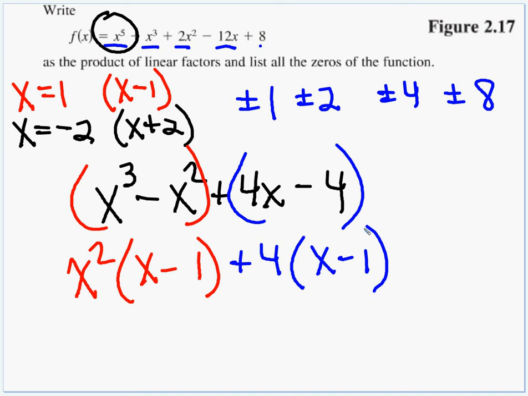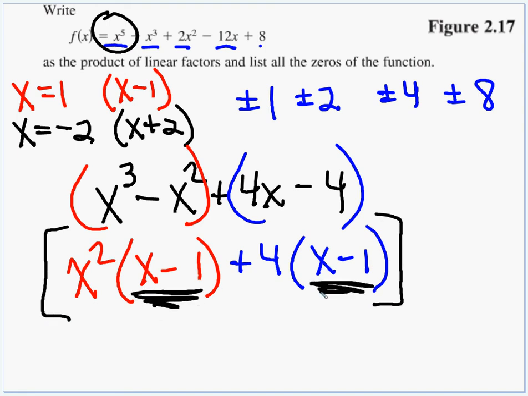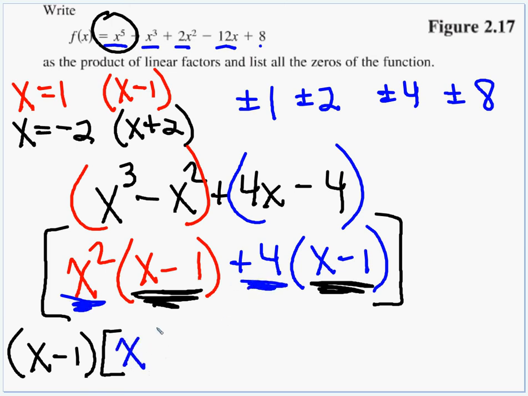Okay, looks like we're in good shape. So if I put a set of brackets around that, I can underline here the x minus 1 factor. That gets factored outside of the brackets. And then what's left inside will be the leftovers, an x squared and a plus 4. X squared plus 4.